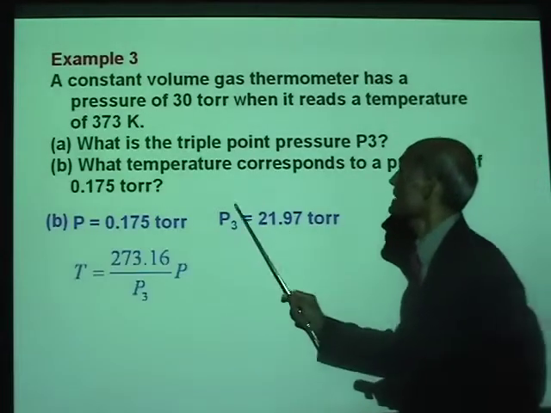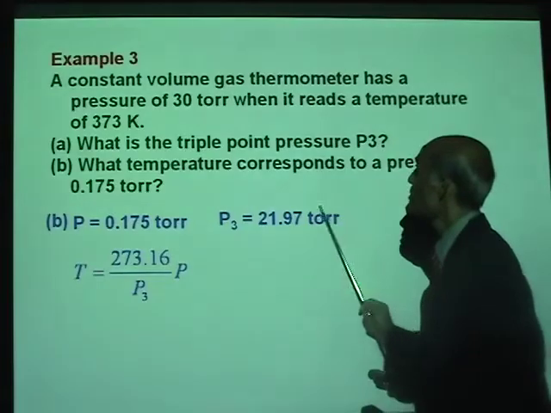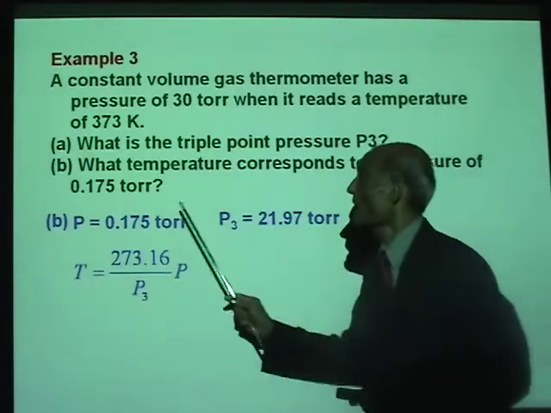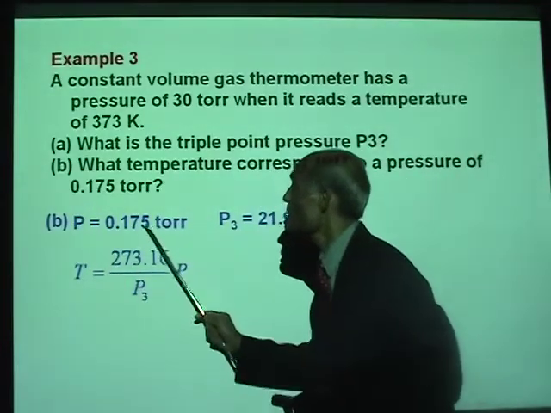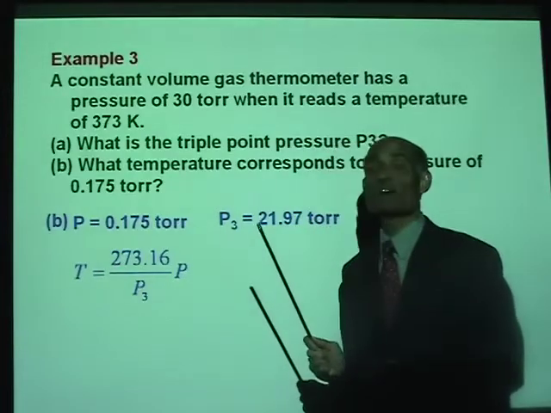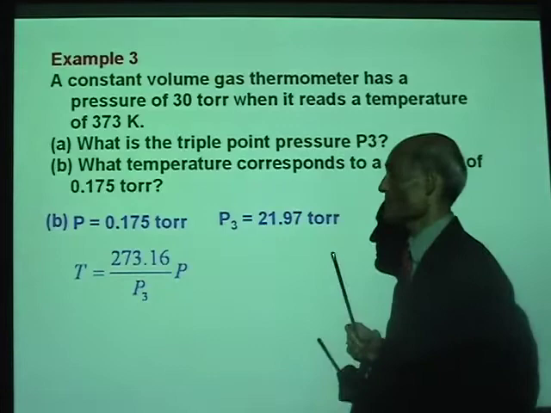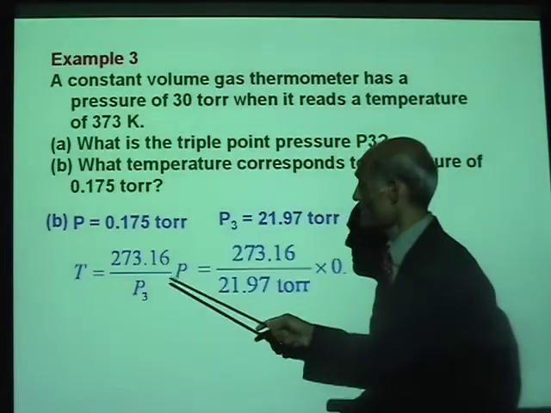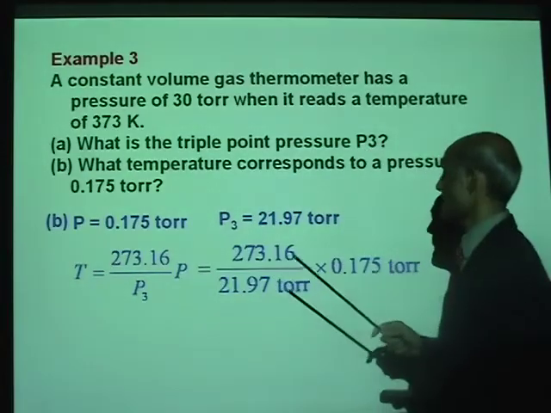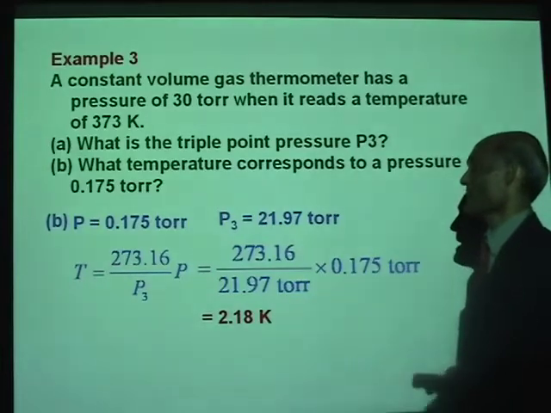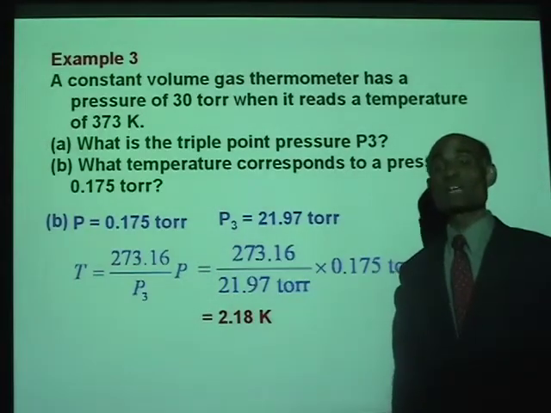What is P3? The calculated P3 is 21.97 torr. And the measured pressure is 0.175 torr, and we need to calculate the corresponding temperature. Well, put the value of P3 and simplify, and that will be 2.18 Kelvin.